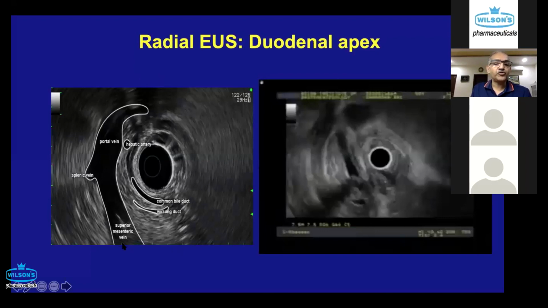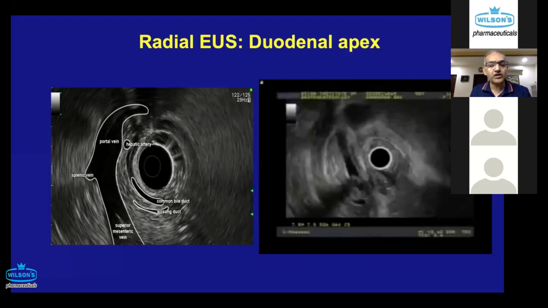The superior mesenteric vein comes from the bottom, the splenic vein comes from the left of the screen, and both join together to form the portal vein, which ascends up into the liver. And then from the same frame, you can see the common bile duct very close to the transducer. If the transducer is pressing on the duodenum, sometimes we may miss it.